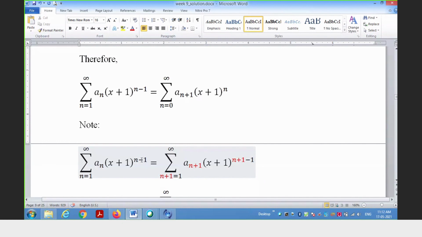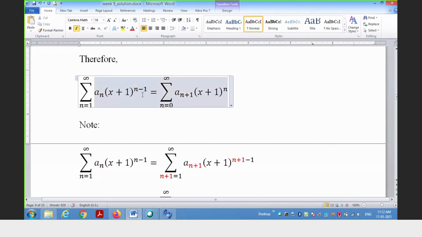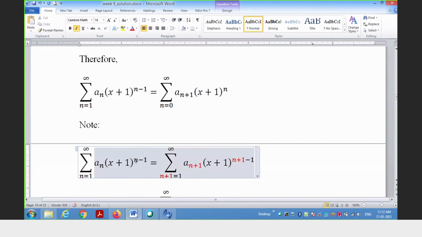Now you notice that on the left hand side the power is equal to n minus 1, whereas on the right hand side it is equal to n. To make this equal to power of n, you replace n with n plus 1, so that n plus 1 minus 1 will equal n.